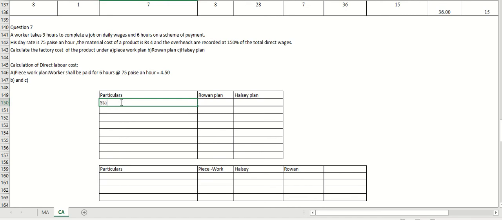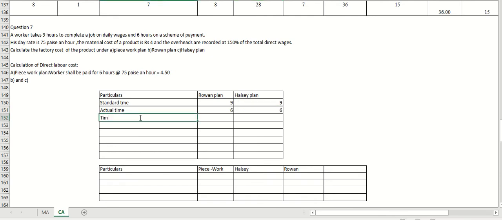First, let's calculate the time saved. Your standard time that is given is 9 hours for the employee to complete the work, and your actual time is 6 hours, which is the time taken by the employees to complete the work.